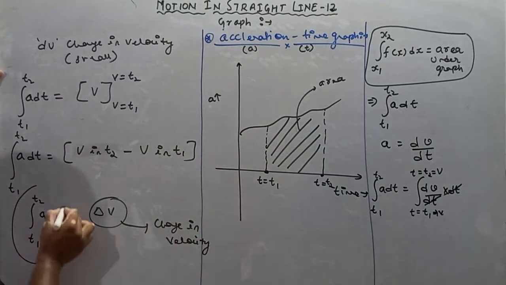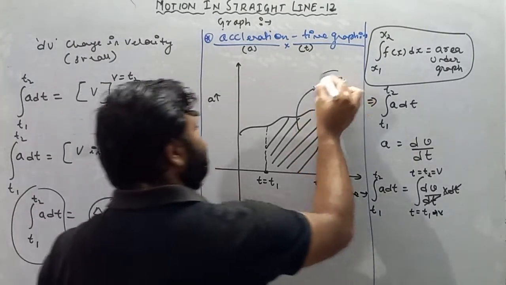And we know that the integral of a dt from t1 to t2 is nothing but this area.